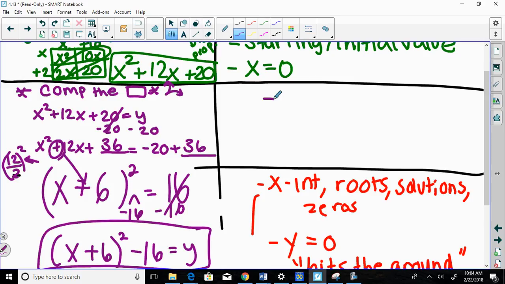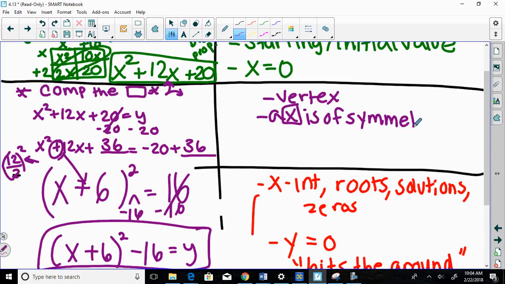So when we would use completing the square, what are we trying to find? What's easy to find? Vertex. What's the x-coordinate of your vertex? What's that called? Axis of symmetry. And remember, your vertex, in case you forgot, is the opposite of what's in the parentheses.